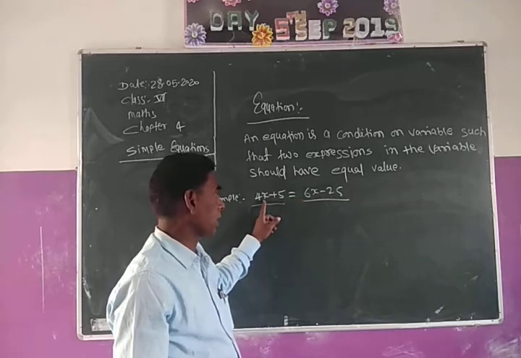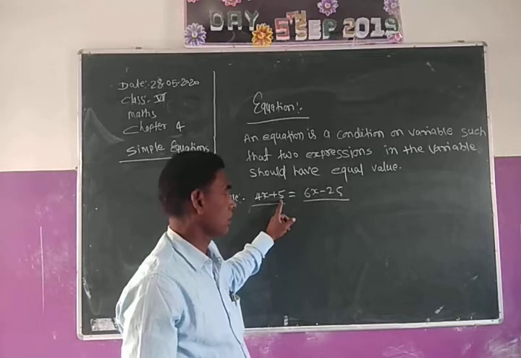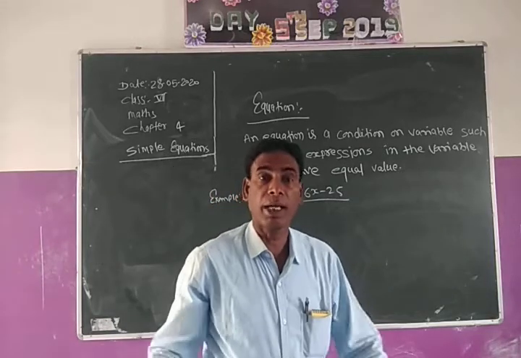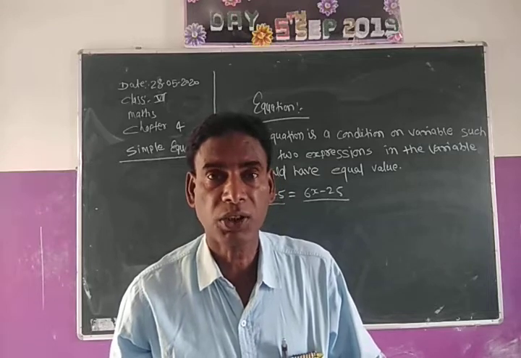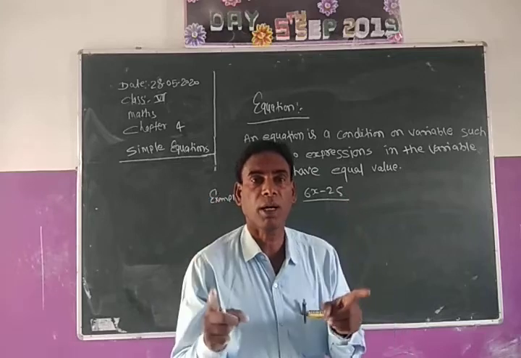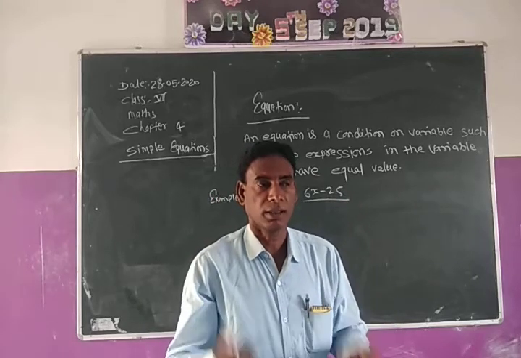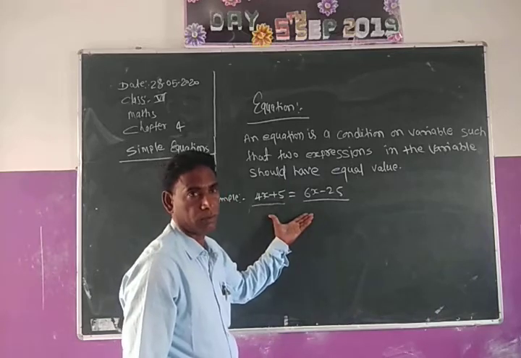x is a variable and 5 is a constant. We put a value of x in both sides. When the result is equal on both sides, then we say that it is a correct equation.